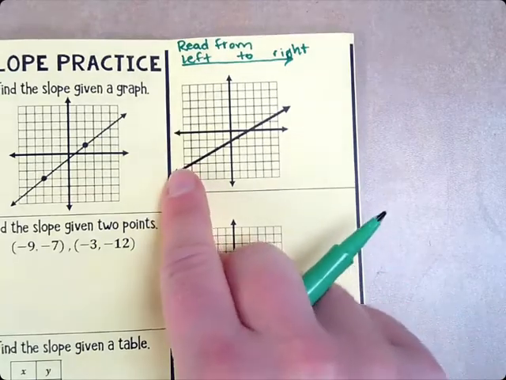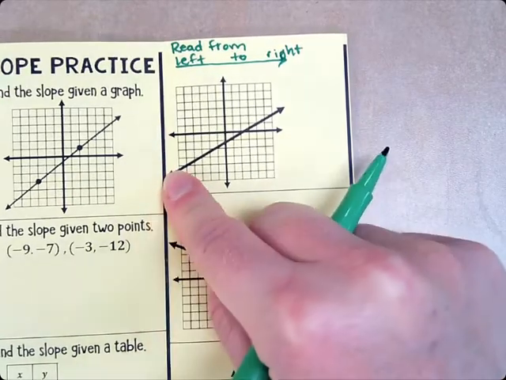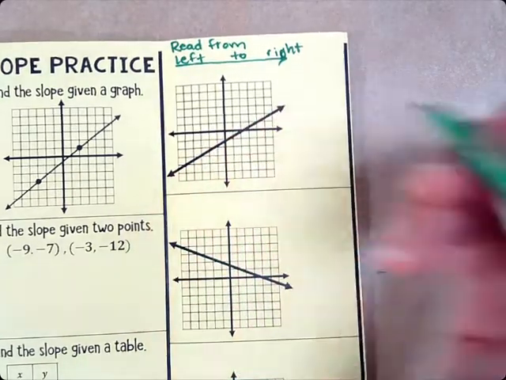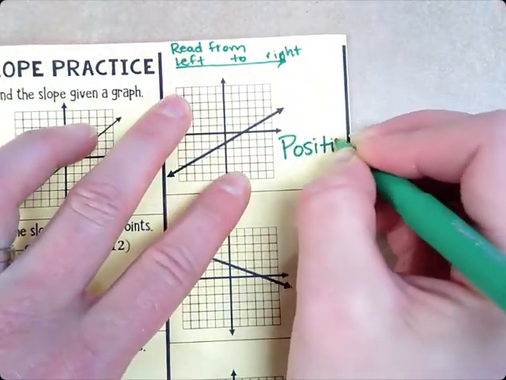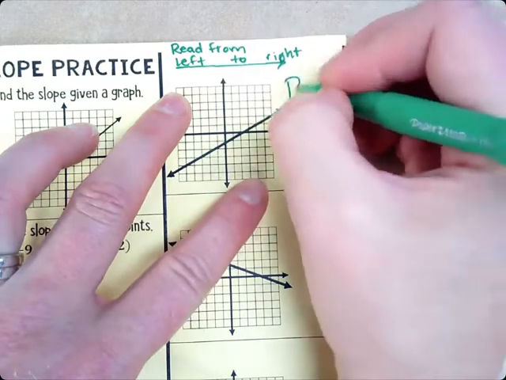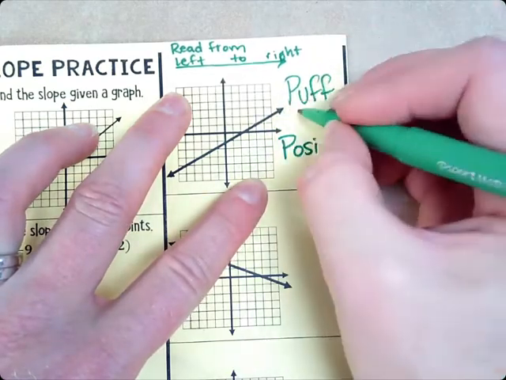So I would start at the left, and I see that this is going uphill, so this is positive. So let's go ahead and write positive.